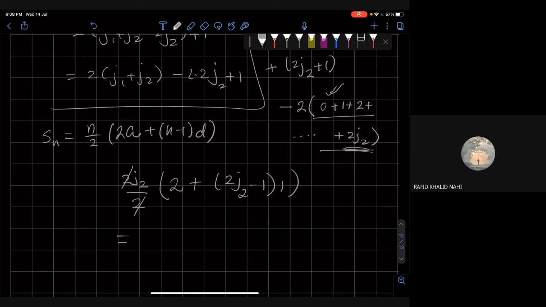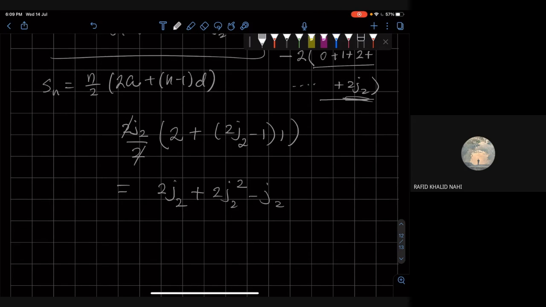This was a special case, so I think the n times n plus 1 by 2 formula would hold. Anyway, this is 2j2 squared plus j2, which is j2 times 2j2 plus 1.